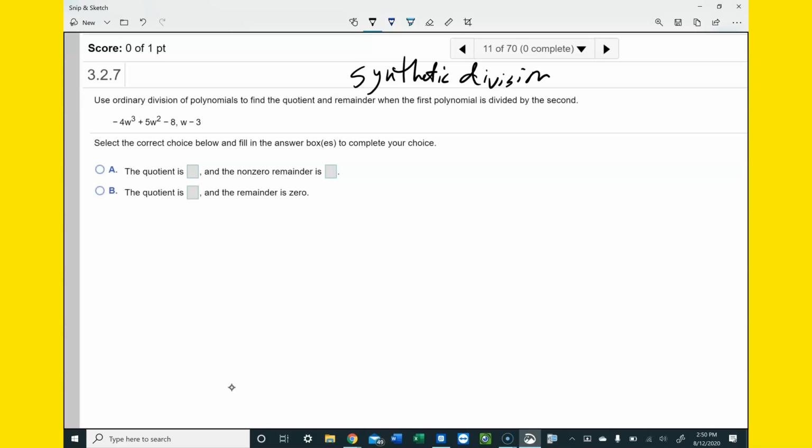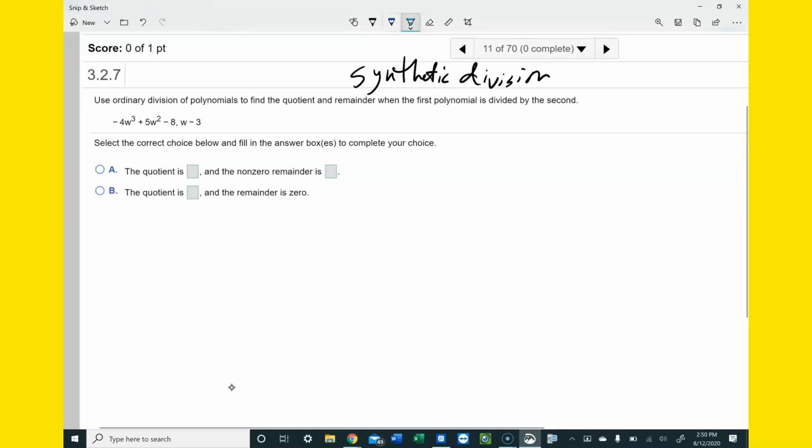All right, so what we do for synthetic division is we take the coefficients of the polynomial, and we put them in a box with one caveat. The coefficients of the polynomial have to go in a particular standard order.